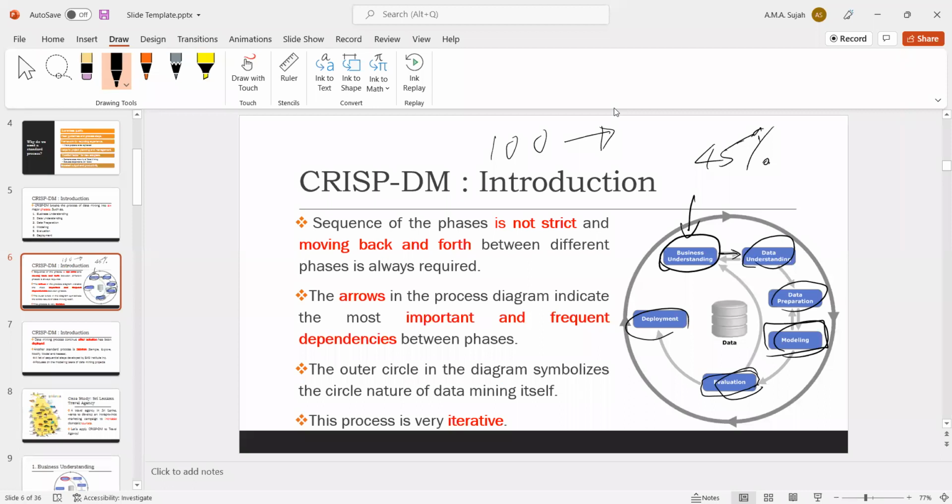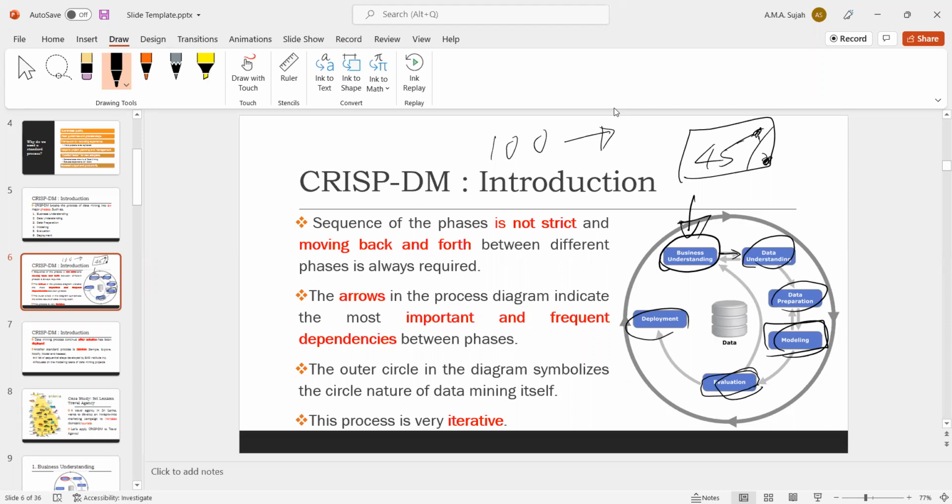You continue these steps: business understanding, data pre-processing, modeling, and at evaluation time you notice your model has an accuracy of 45%. 45% means whenever you predict results using your model, only 45 people will be predicted correctly. If you randomly take 100 people, only 45% get the correct results.